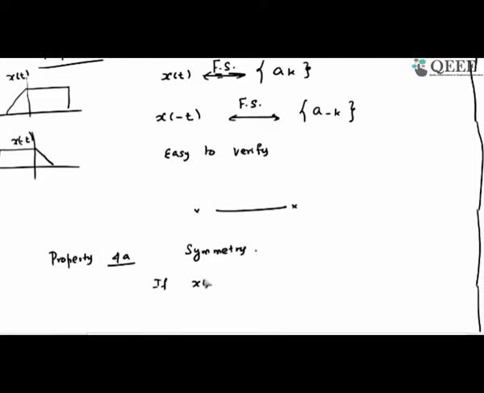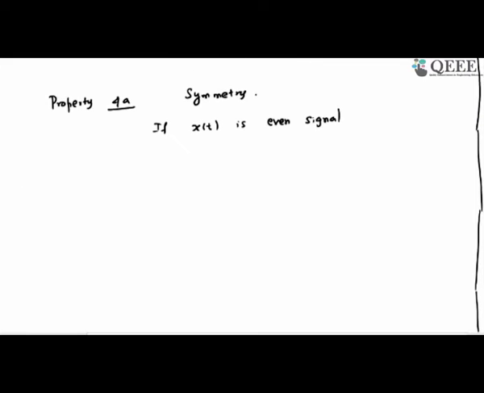If x of t is an even signal, so an even signal is symmetric about origin, that is x of t equals x of minus t, then the Fourier coefficients are also symmetric. So ak is also even. So ak equals a minus k.